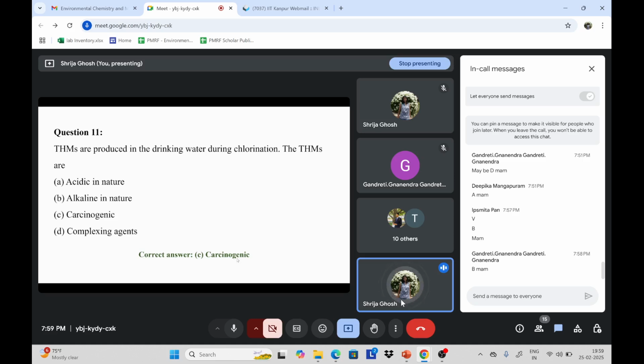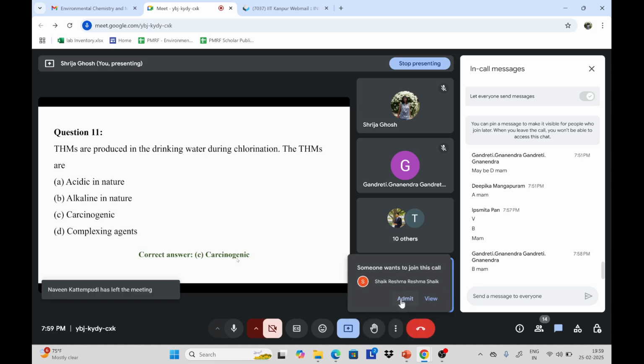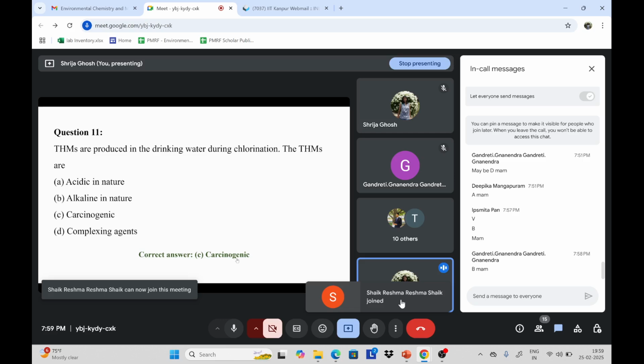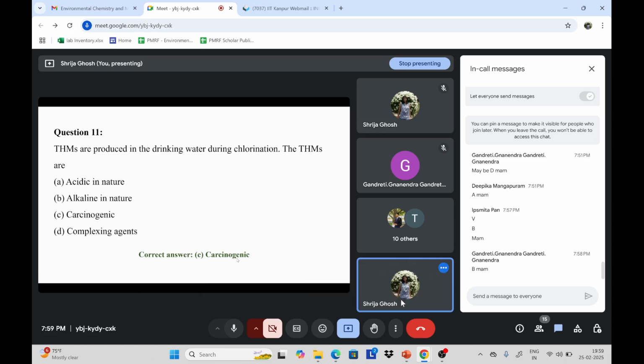Drinking water contaminated by trihalomethanes is very dangerous for us because it can lead to cancer. Any agent that has the potential to cause cancer is called a carcinogen. So THMs are carcinogenic in nature.